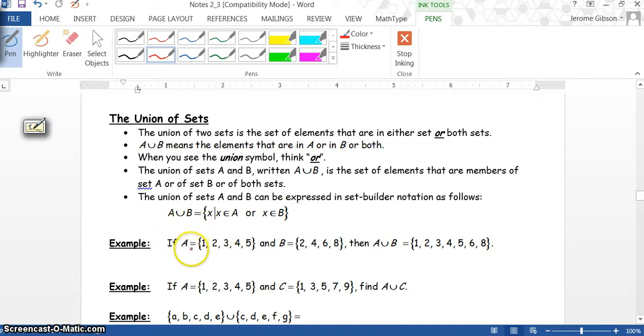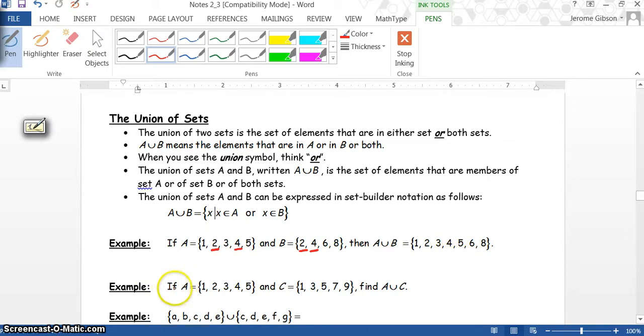So we have, if A is equal to {1, 2, 3, 4, 5}, and B is equal to {2, 4, 6, 8}, then A union B is {1, 2, 3, 4, 5, 6, 8}. Now if you notice, we did have some elements that are the same. We have 2 and 4, but you notice we only wrote those one time. So whenever you do the union, if you have elements that are the same in both sets, you only write it once.